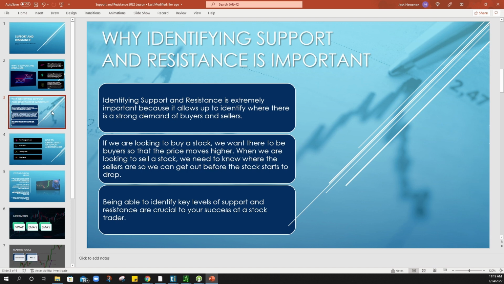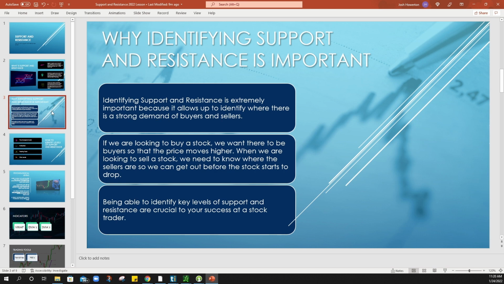Think about it this way as well. If you had a 5,000 share position, what's 50 cents, team, of 5,000 shares? It's $2,500. So if you are not able to identify that key level of support, you may get in 50 cents too early, and the stock may come down and you're down $2,500.